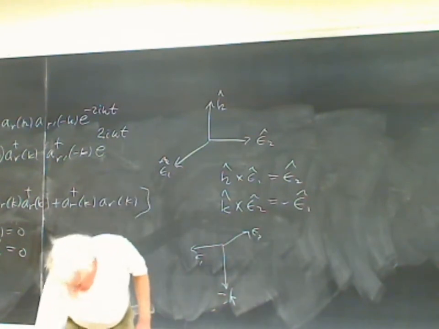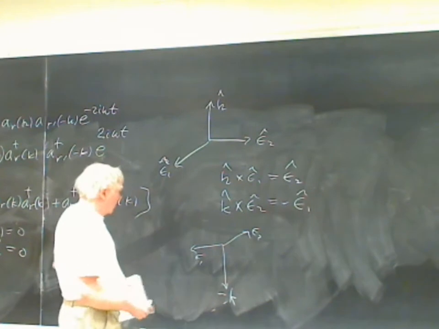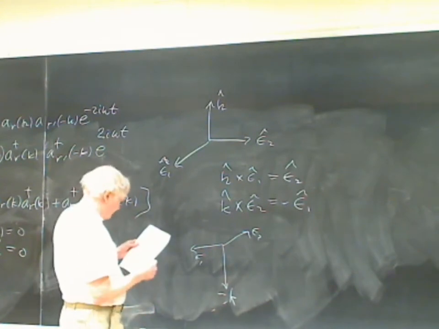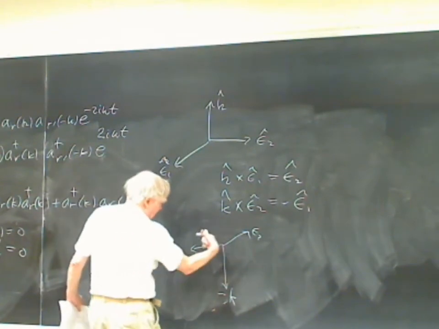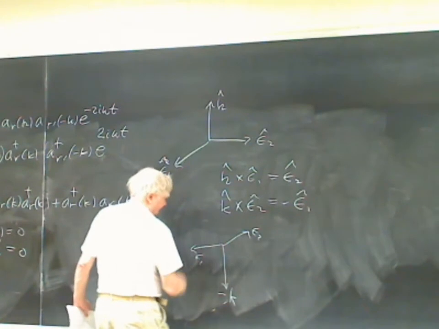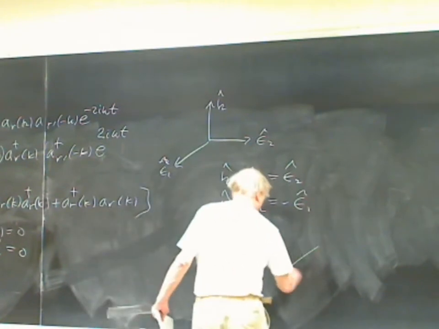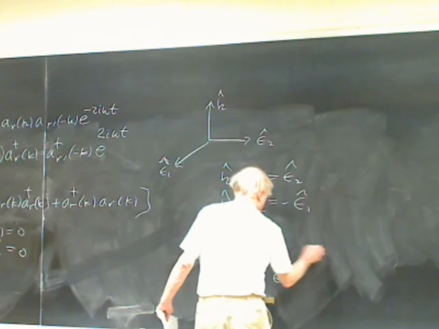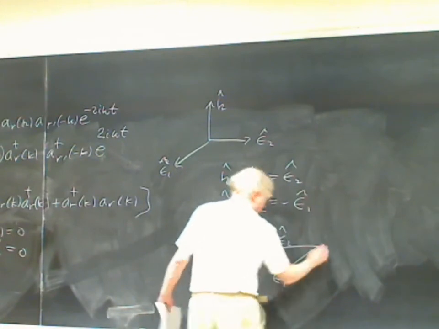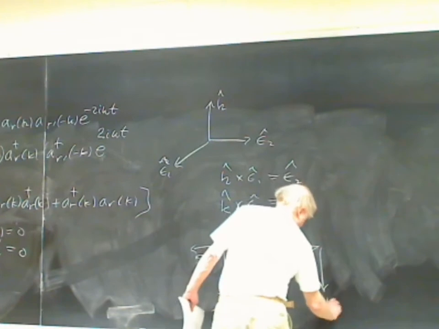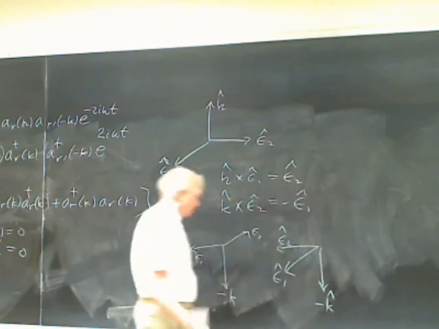And what I chose to do was to rotate them a little bit more around so that epsilon 1 was going in the x direction, and then epsilon 2 hat is in the minus y direction, and minus k hat is down like that.